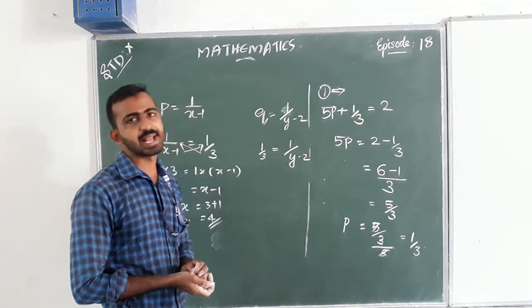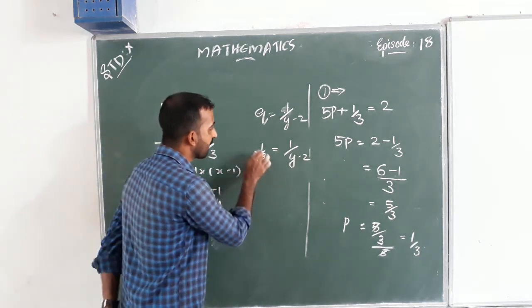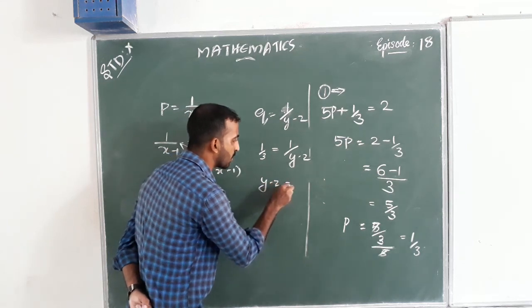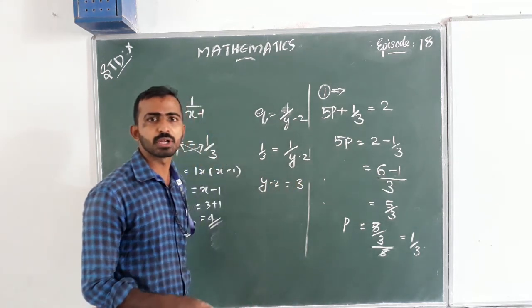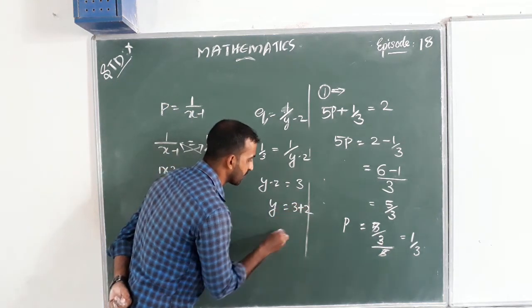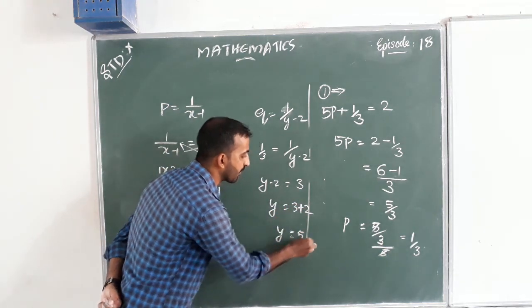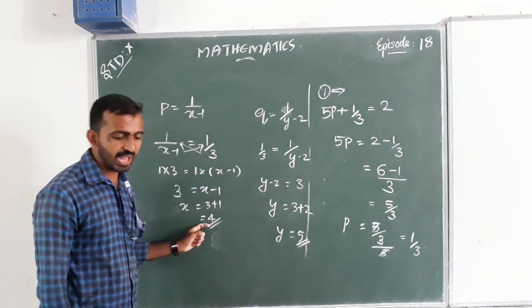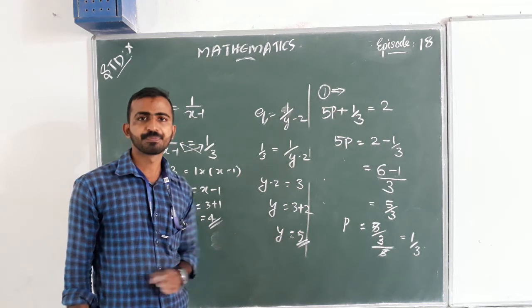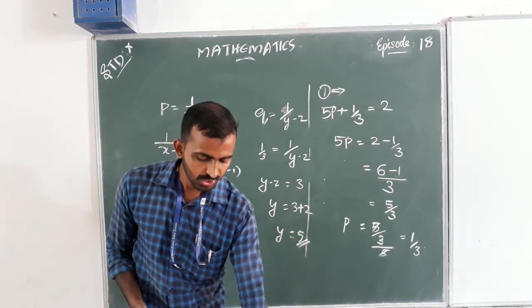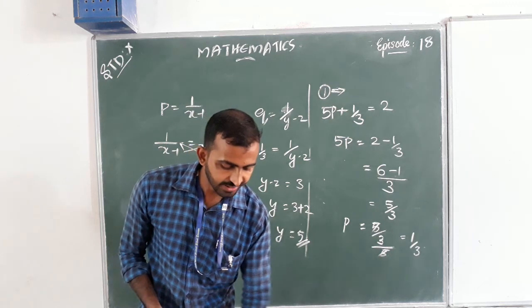Here we can interchange. Then we get y minus 2 equal to 3. y equal to 3 plus 2. That is y equal to 5. That is, x is 4 and y is 5. We get the answer. And next we are going to discuss another example.